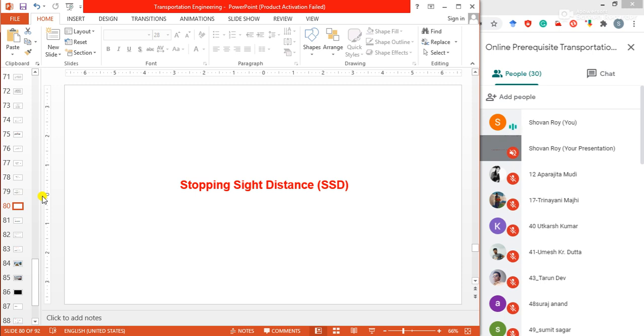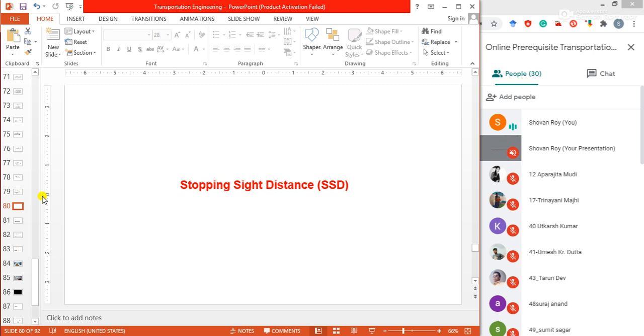The ISD value is normally used in numerical problems. If they ask what the ISD value is, you just multiply 2 with the SSD value and you will get the ISD value.